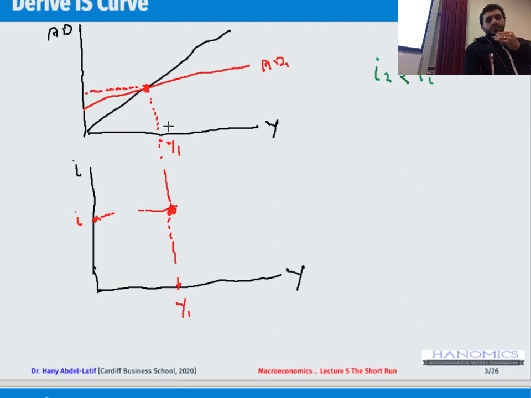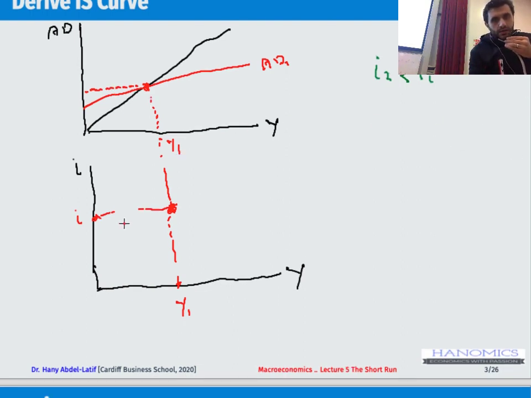Is this going to shift the aggregate demand curve up or down? How does the interest rate affect aggregate demand? Through its effect on investment. So a lower level of interest rate means a higher level of investment, which means the aggregate demand curve will shift upward.